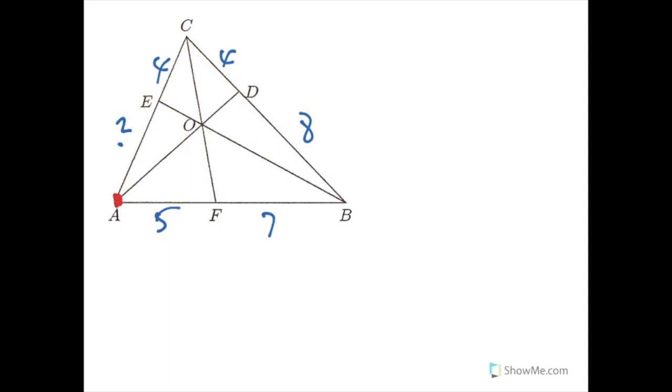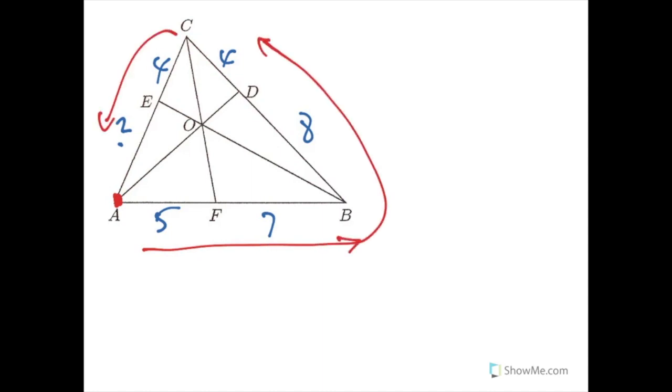I'm going to start at vertex A, and we're just going to go counterclockwise with all of the values until we go back to A. So the first value that we encounter is 5, the next one is 7, and the next one is 8, the next one is 4, and then it's 4, and the final one is AE. We don't know what AE is, so I'm going to leave it as such.